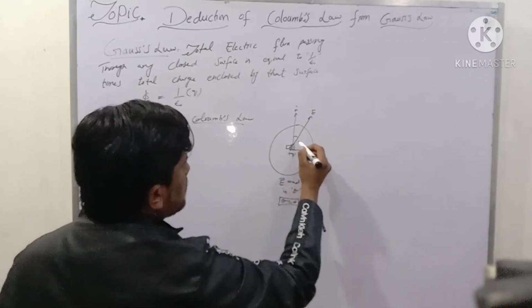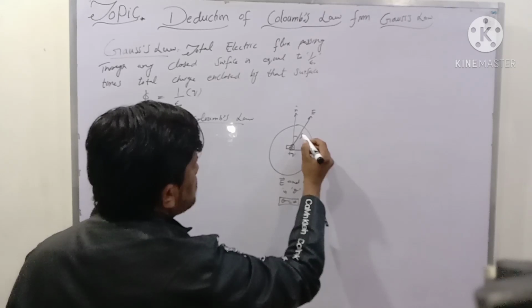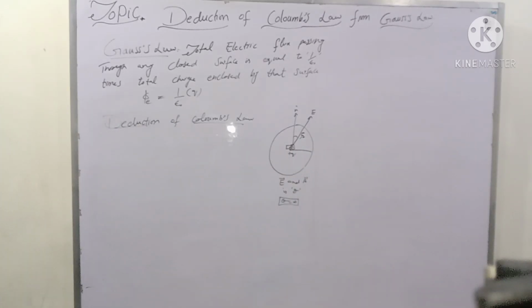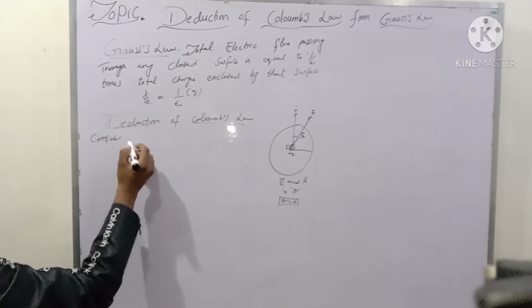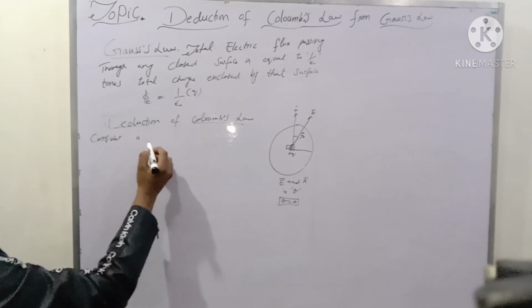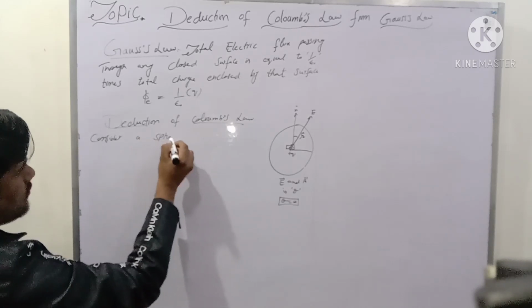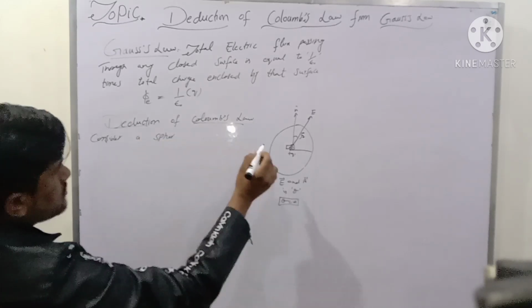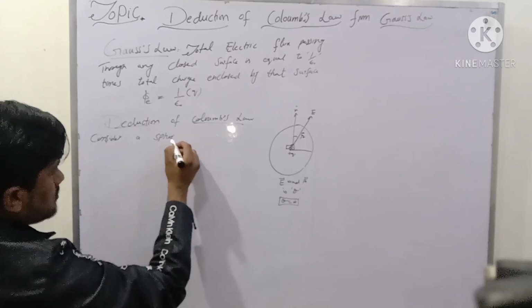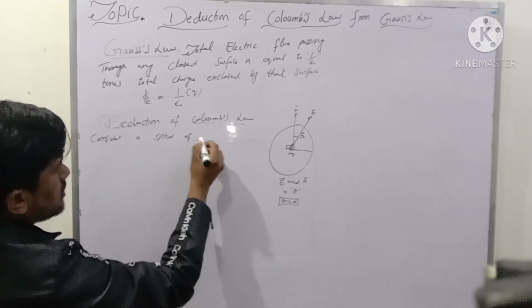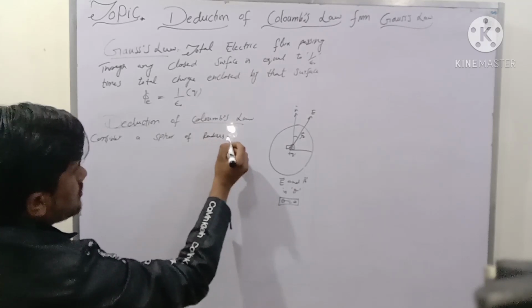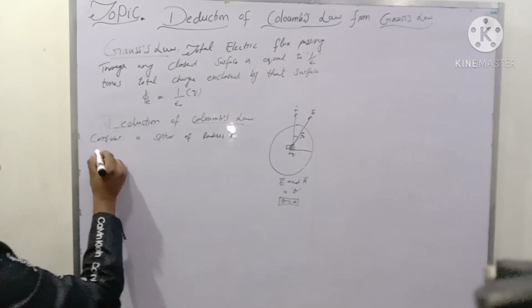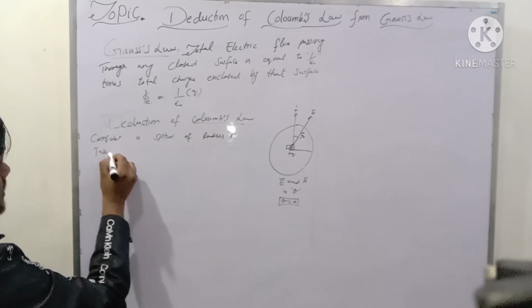R is the radius. Consider a sphere of radius r. Take a small area element dA.